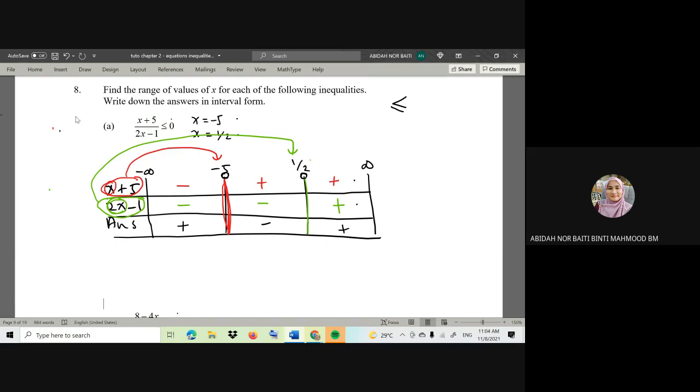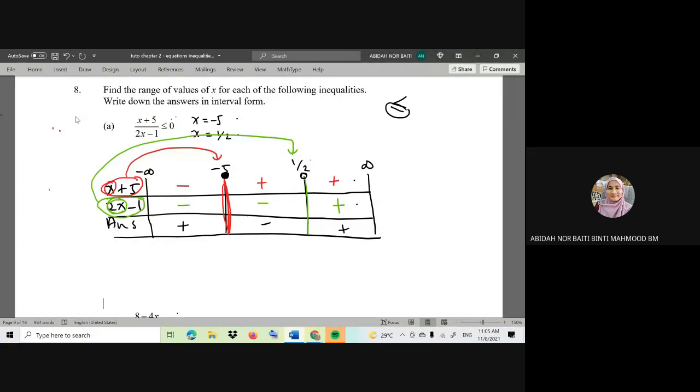Equal sign is only for the value of numerator. For denominator, we always use empty circle because denominator cannot equal to 0.